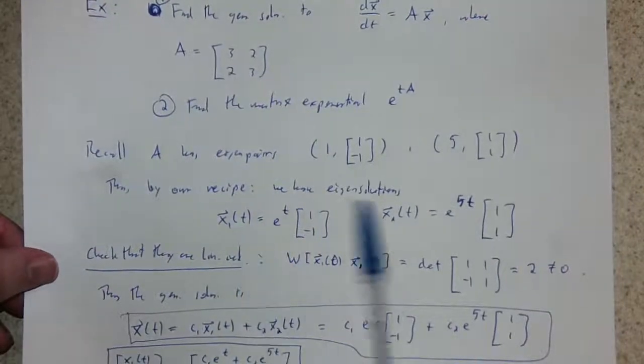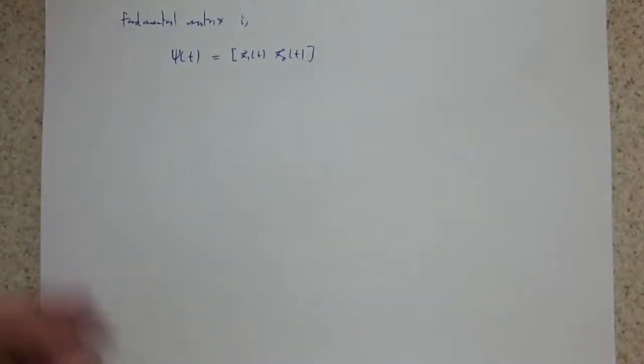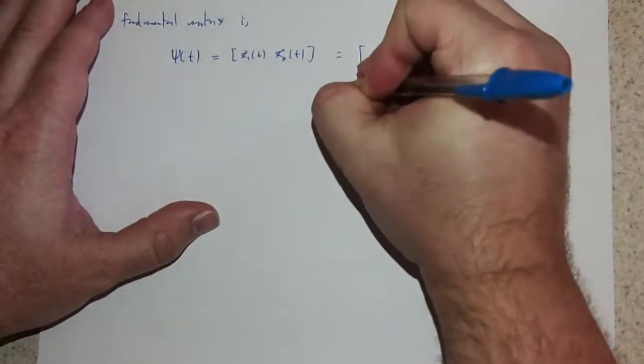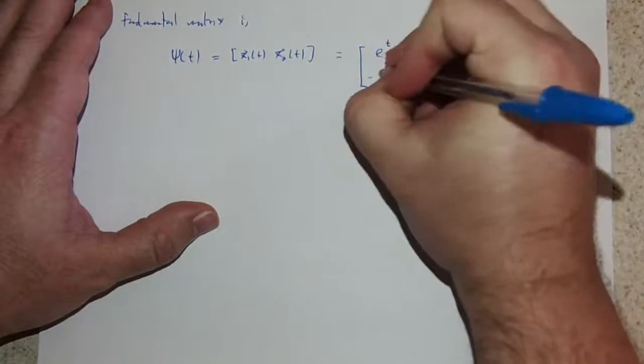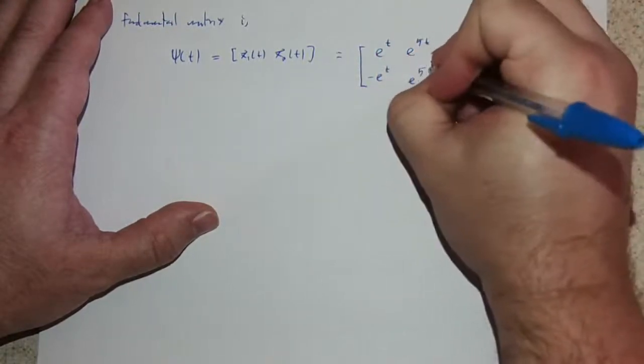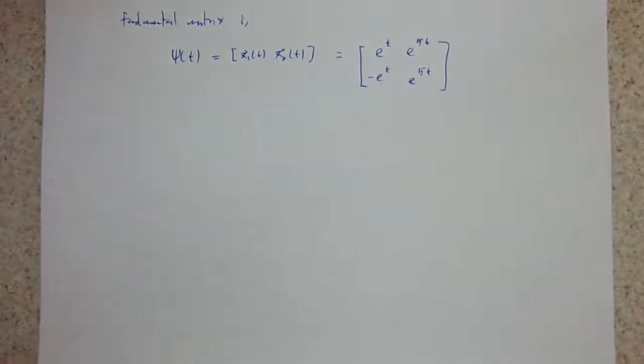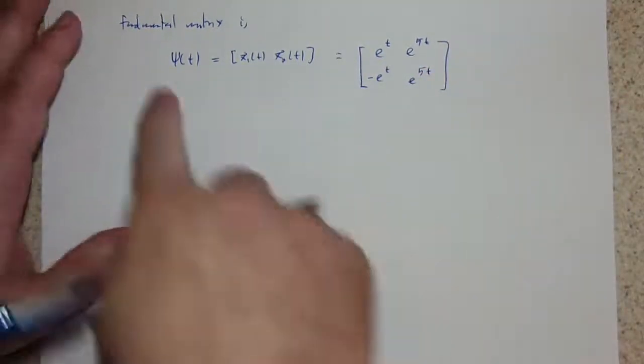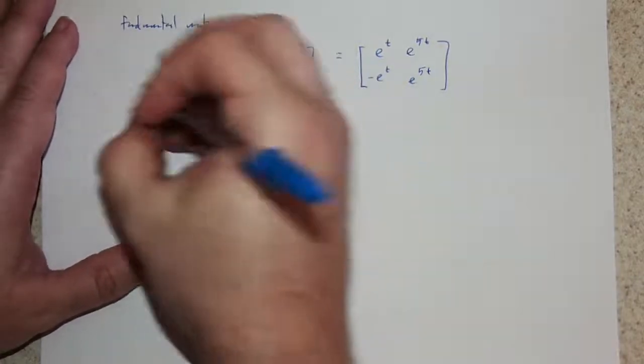Here's x1, here's x2. So its two columns are (e to the t, -e to the t) and (e to the 5t, e to the 5t).